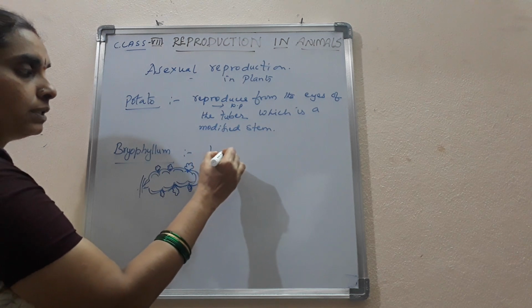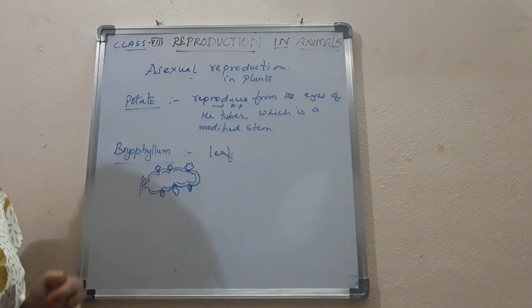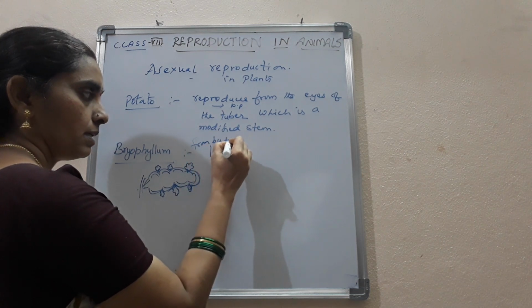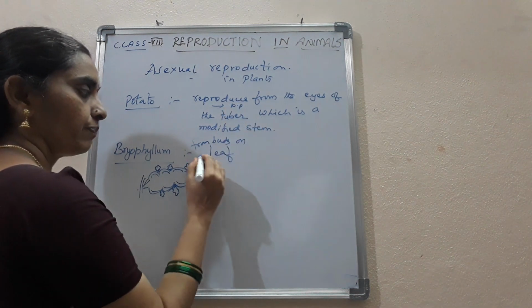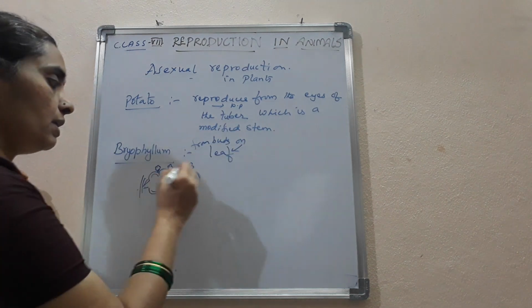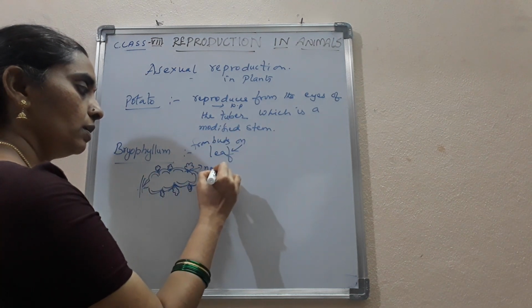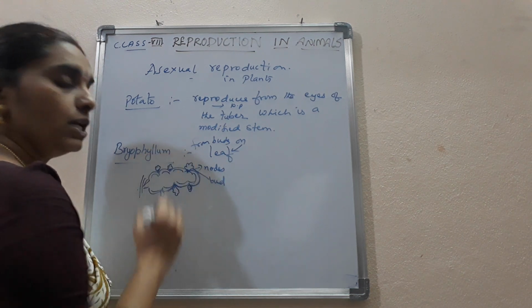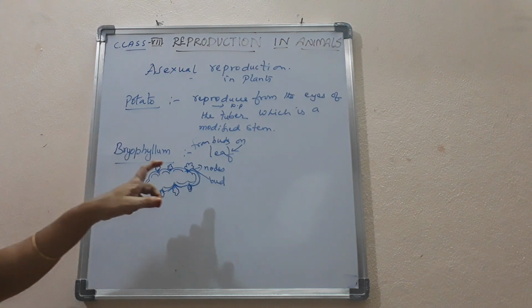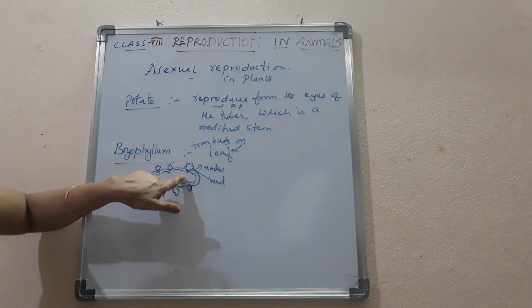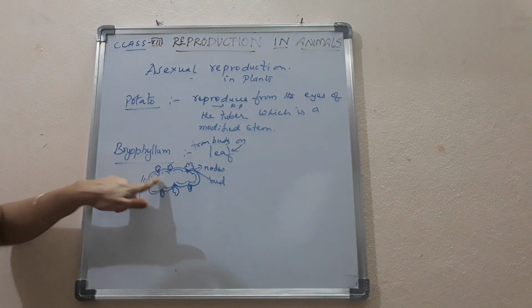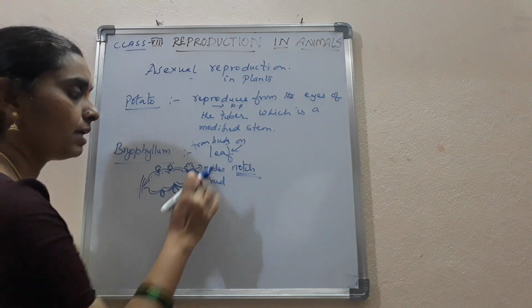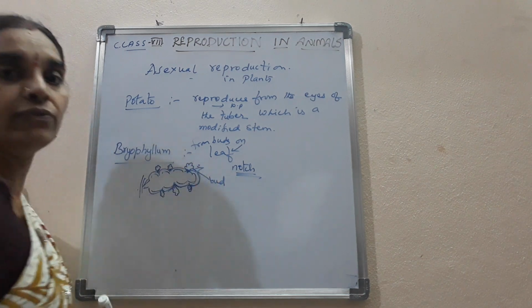So it is through buds on the leaf. These are the leaf nodes. This is the bud that arises over every node. The buds on the leaf that arise at every notch are called leaf notches. Is it clear? Not nodes, it's called a leaf notch.